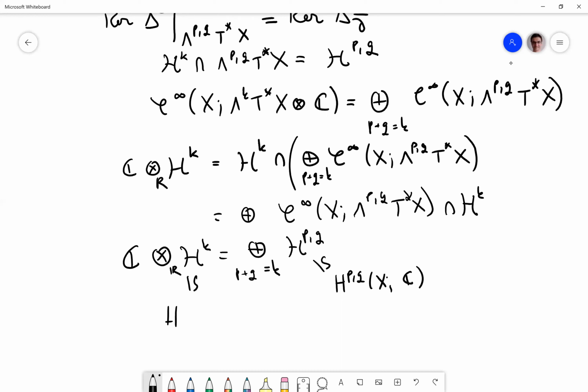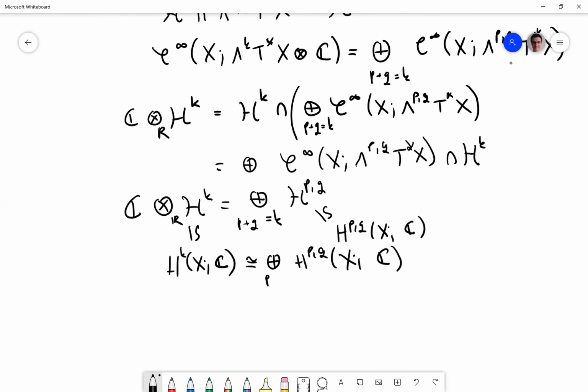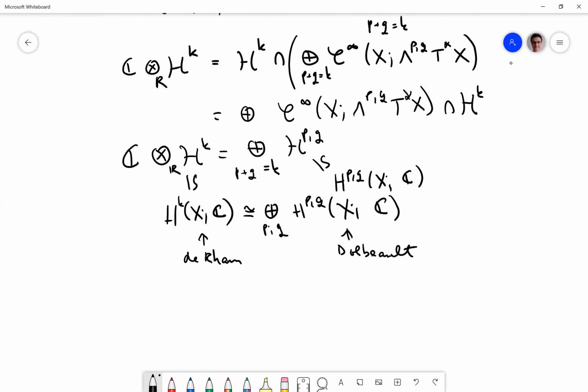So I'm glad I got that out. So in particular, by the Hodge isomorphism theorem in the case of Riemannian manifolds, we get that this space is isomorphic to the direct sum of Dolbeault cohomology groups. So de Rham cohomology decomposes as a direct sum of Dolbeault cohomology.